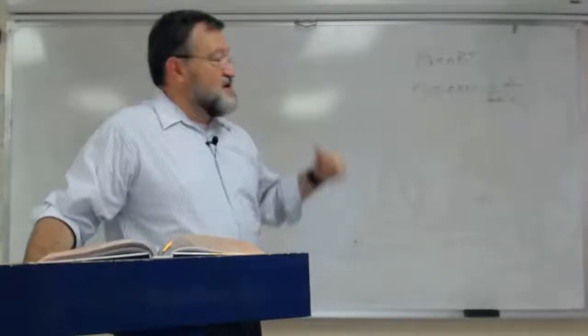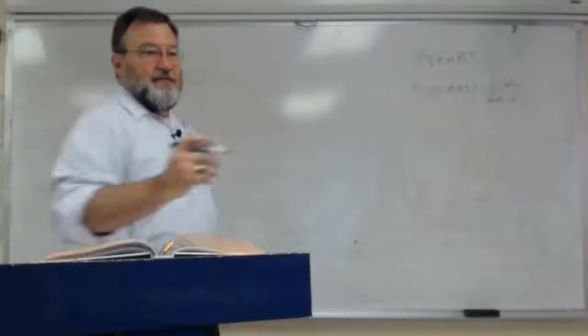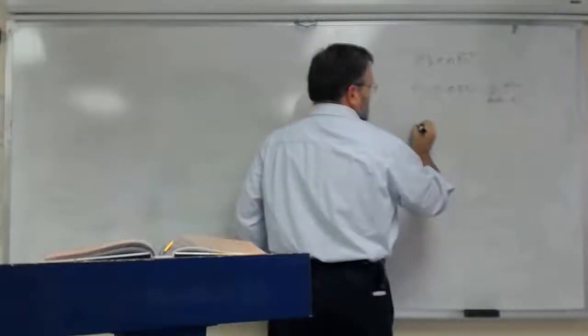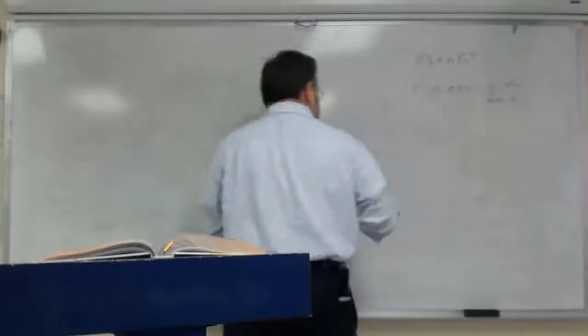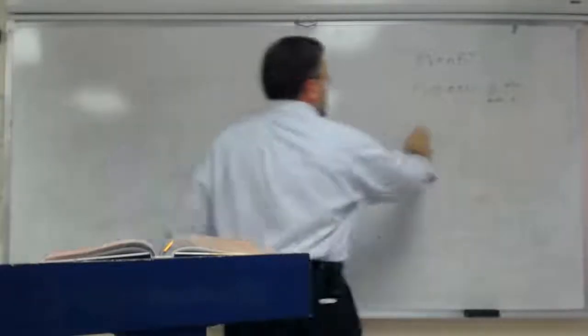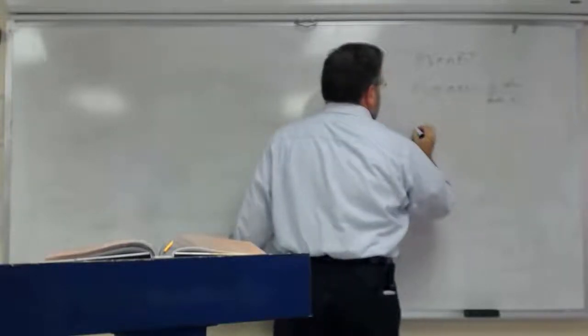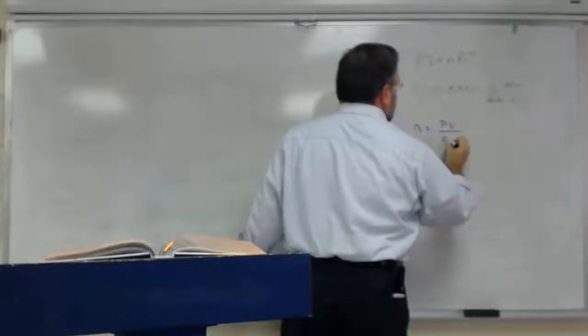Now, using PV equals nRT, we have a way of computing how many moles are in play. You can see if we rearrange PV equals nRT, our ideal gas law, the number of moles... If we take the ideal gas law, PV equals nRT, and rearrange it, we have n equals PV over RT.